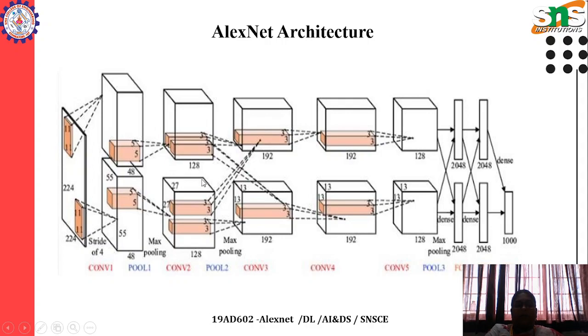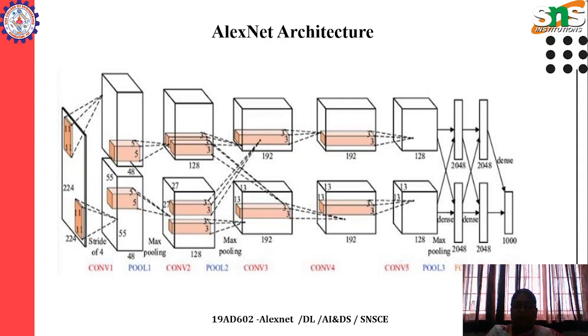The next is convolutional layer 2, pooling layer 2, convolutional layer 3, pooling layer 3, convolutional layer 4, convolutional layer 5. At the end we have another pooling layer, and at the last we have 3 fully connected layers: FC1, FC2 and FC3.